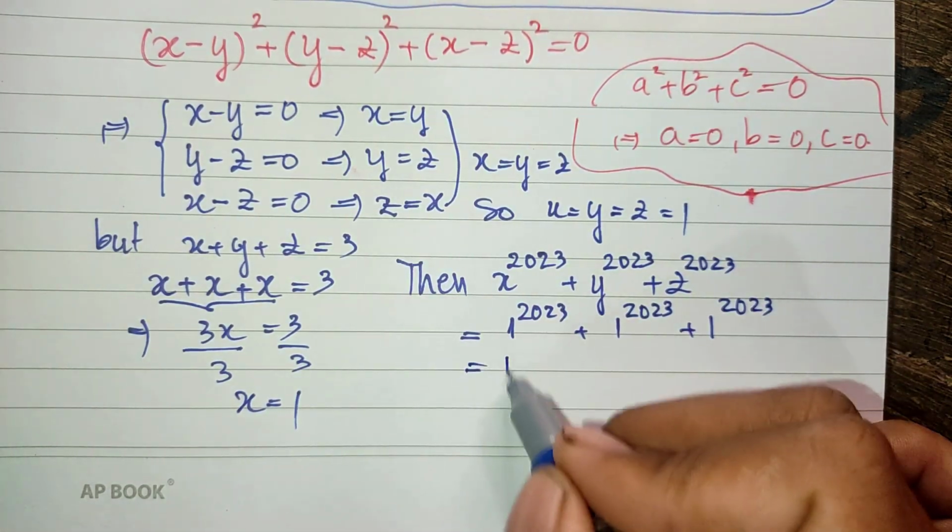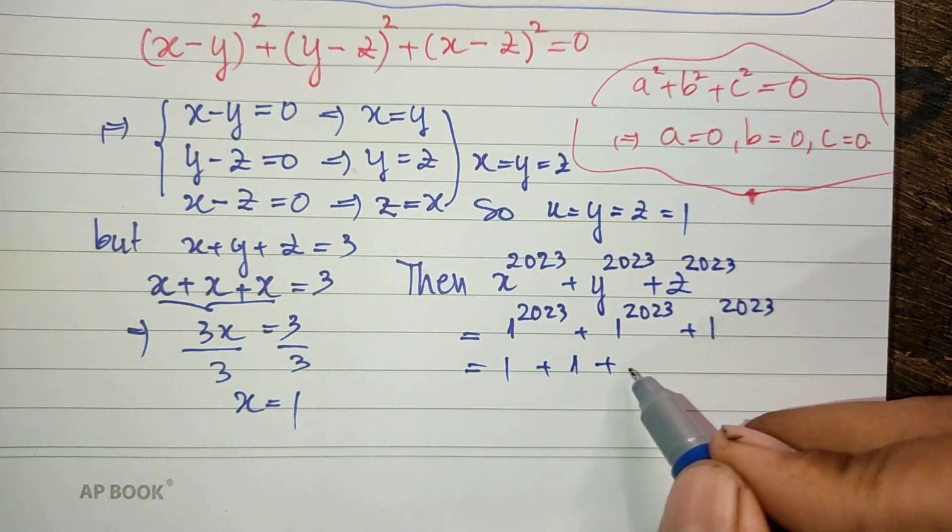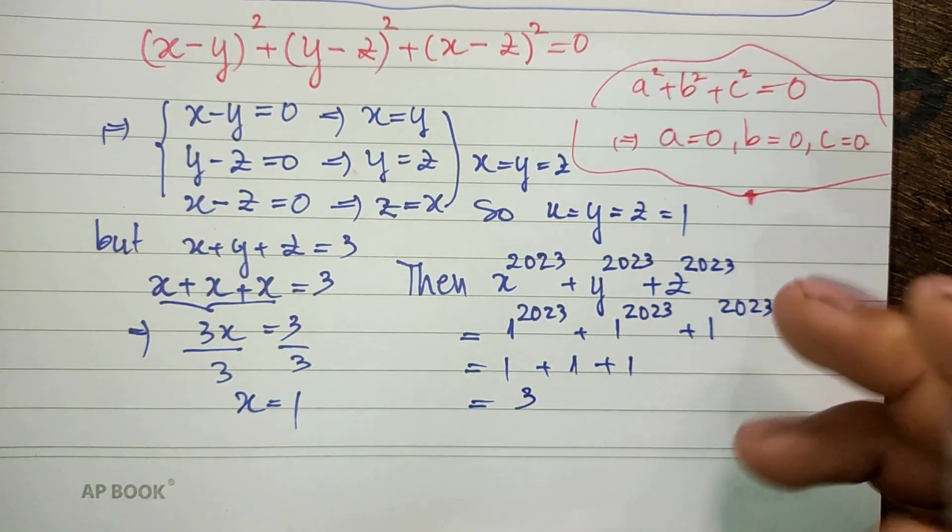So this equals 1 plus 1 plus 1, which is 3.